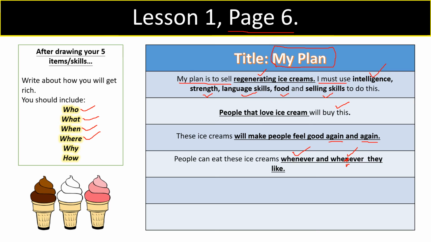Where, sorry about that. Wherever they like. So sometimes people like eating ice creams in winter, spring, summer, and fall. They can eat it whenever they like, anytime, and wherever they like. If they like to eat it at home, in the car, at the park, it is up to them to decide.